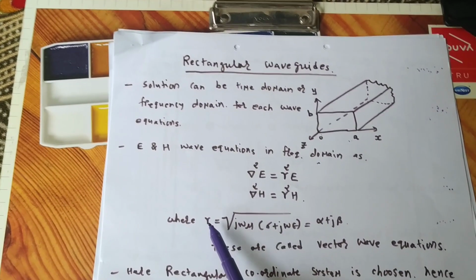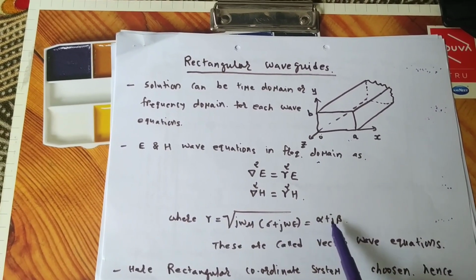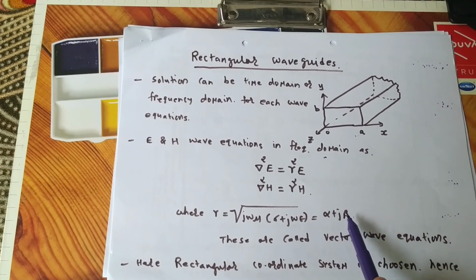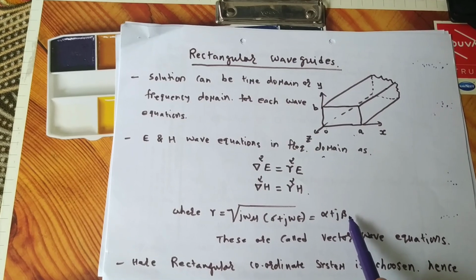We also know that gamma can be written as alpha plus j beta, where alpha is the attenuation constant and beta is the phase constant.